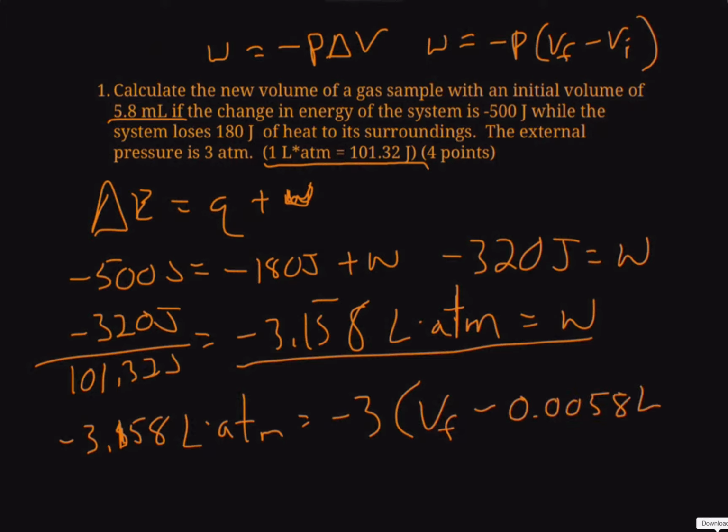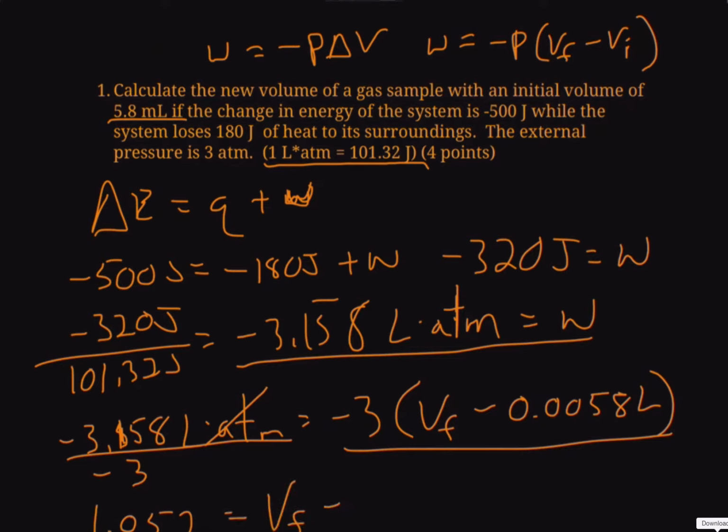0.0058 liters. So from here I can divide both sides by negative 3, and that's atmosphere, so that cancels out the atmosphere unit over here, and we get 1.052. Since we've got two negatives, it becomes a positive number, equals the final volume minus 0.0058 liters, and this is liters now, sorry, because we canceled out the atmospheres.